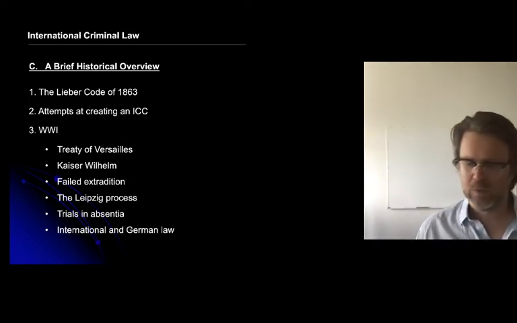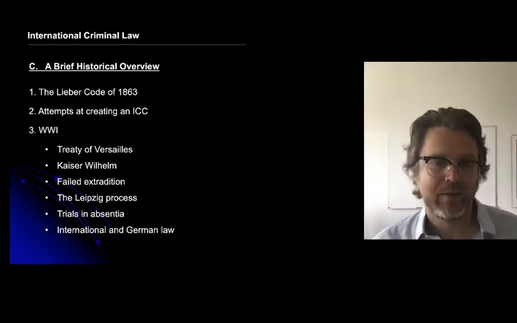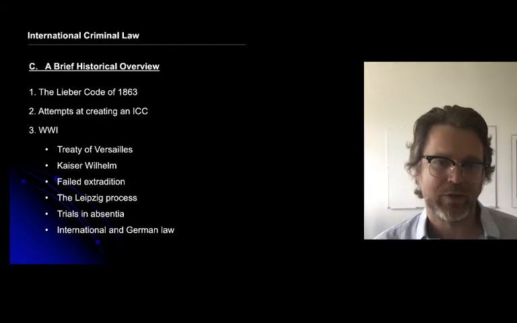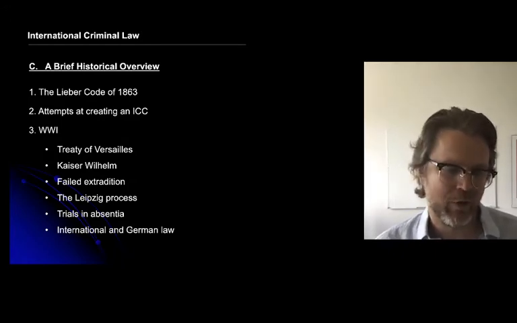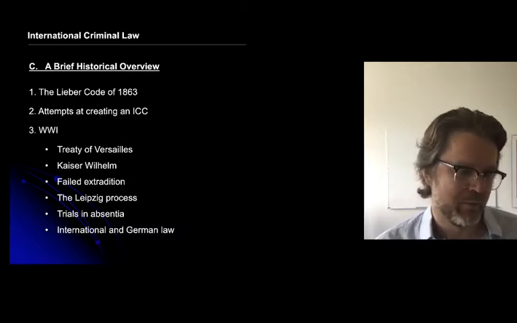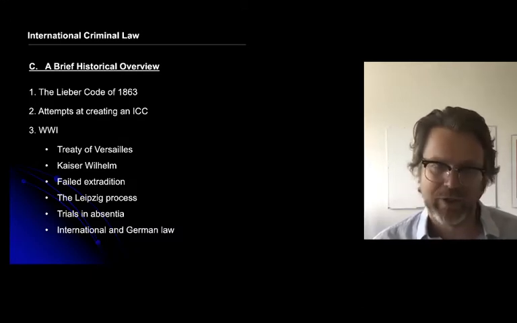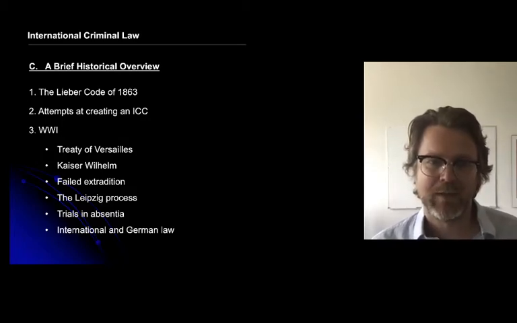And so ultimately, British interest in the whole thing waned, and they weren't able to reassert jurisdiction after this failed Leipzig process. There were several high-profile acquittals in Leipzig that led the Belgians and French just to abandon the process.